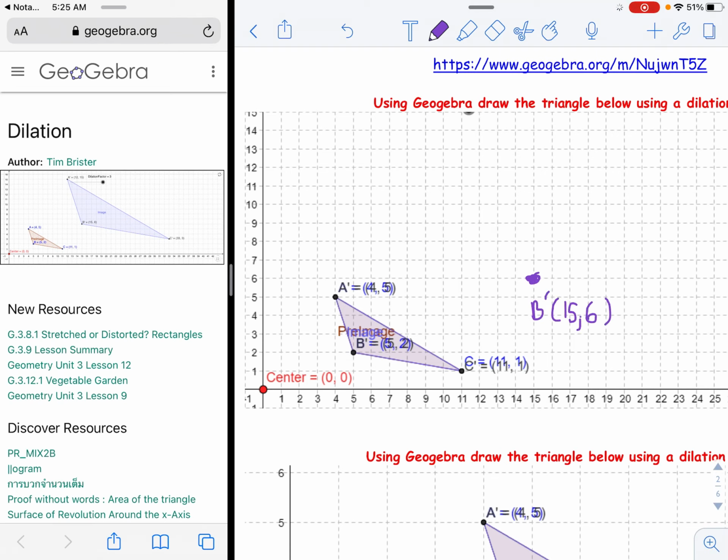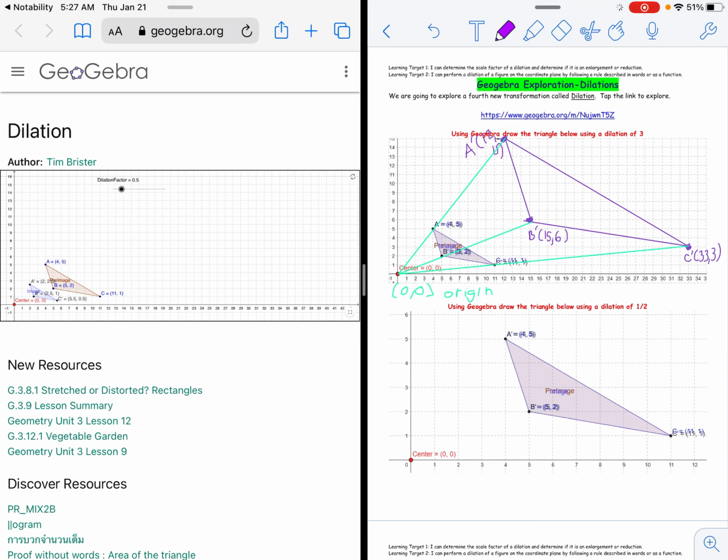What happens if I do a scale factor of 1/2? Notice how the closer I get to 1, the more it gets back to its original size, and once I go past 1, it's actually getting smaller, 1/2. Look at these points I got right there. C is now at 5.5, 0.5, so we're kind of guesstimating C prime.